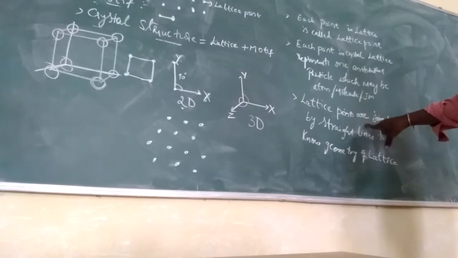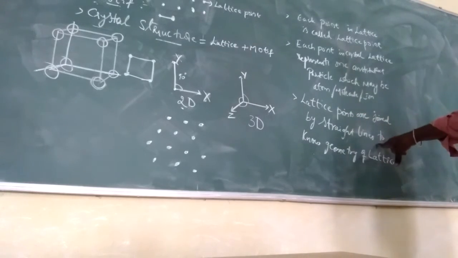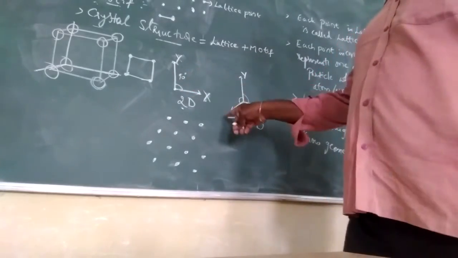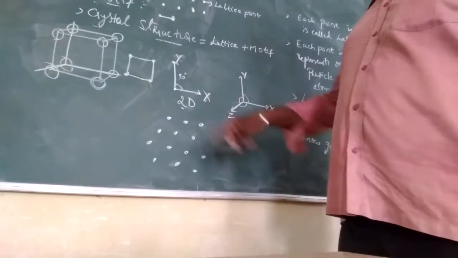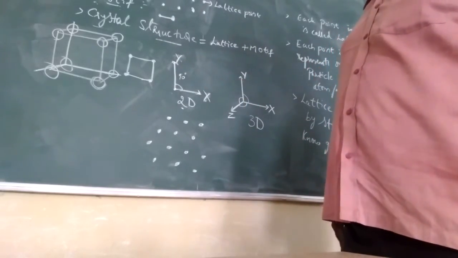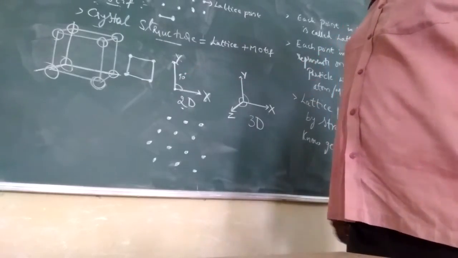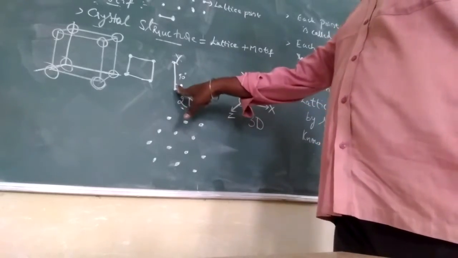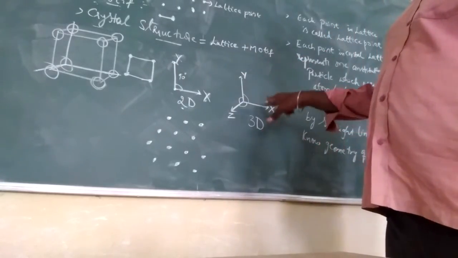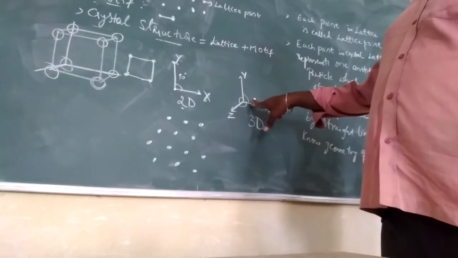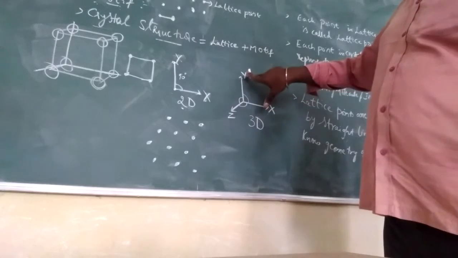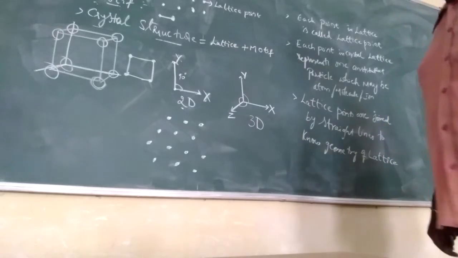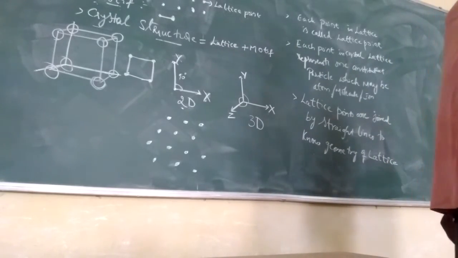Next, the lattice points are joined by straight lines to know the geometry of the lattice. In this diagram, two-dimensional and three-dimensional, the lattice points are joined through straight lines. In two dimensions the angle is 90 degrees, and in three dimensions the axes x and y, y and z, and x and z may or may not be mutually perpendicular.